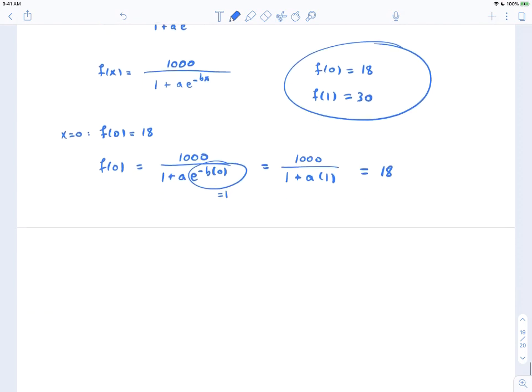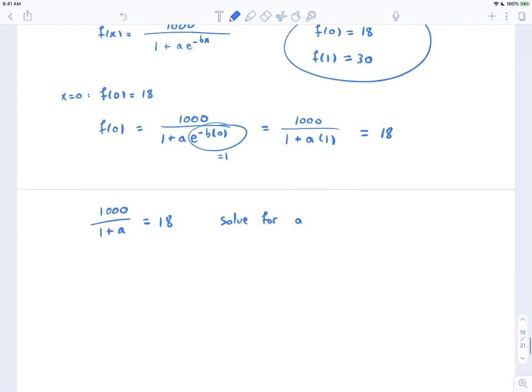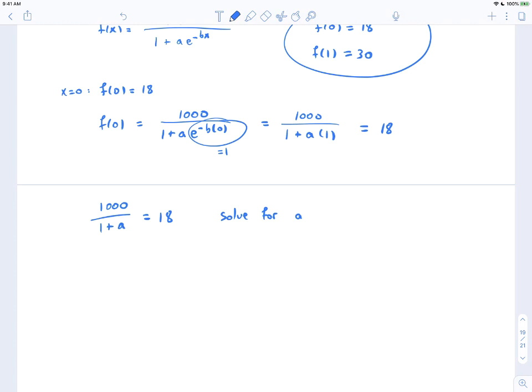So what do we have? We have that 1,000 over 1 plus a is equal to 18. So we want to solve this for a. Okay, we can do that. So 1,000 is equal to 18 times 1 plus a. We get that by multiplying both sides of the equation by 1 plus a.